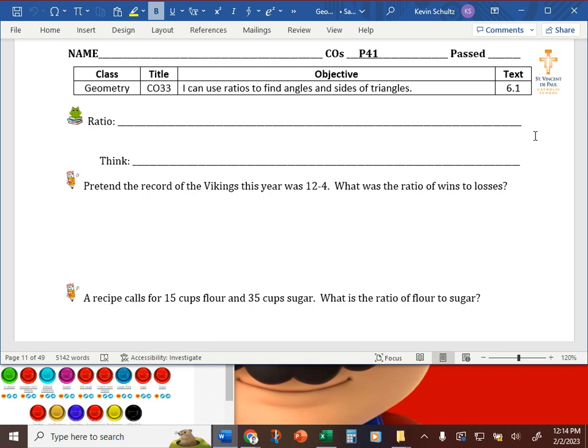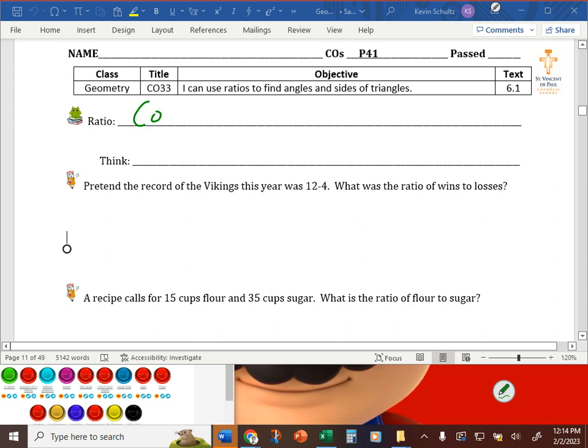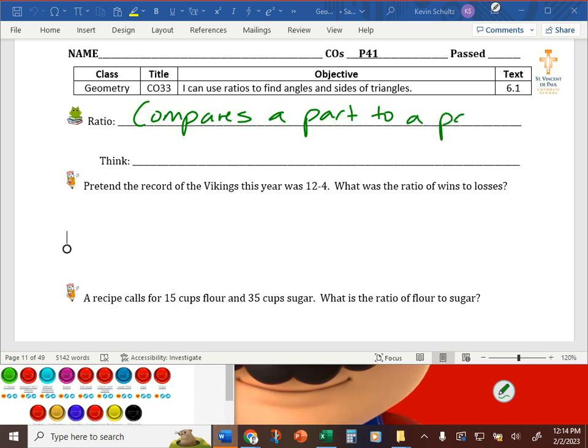Not part to whole. Part to part. A ratio compares a part to a part.